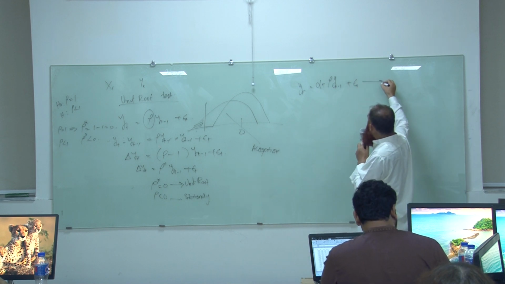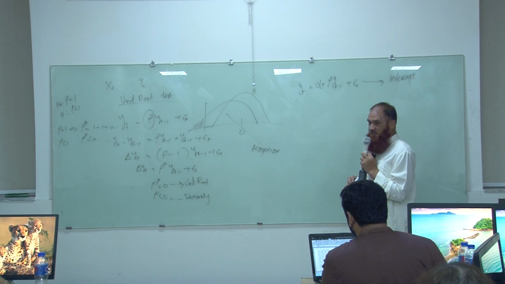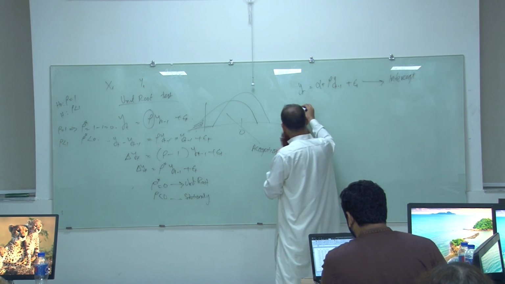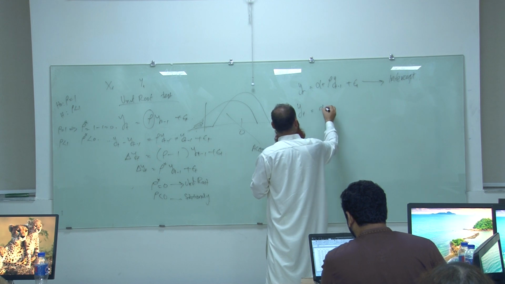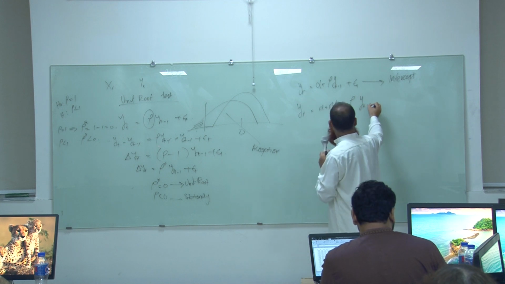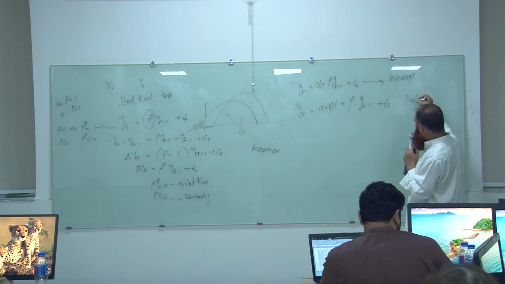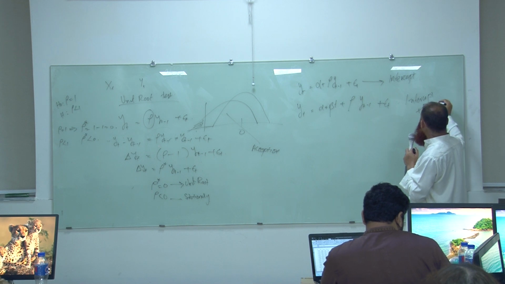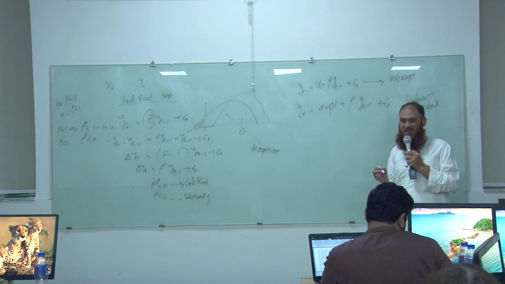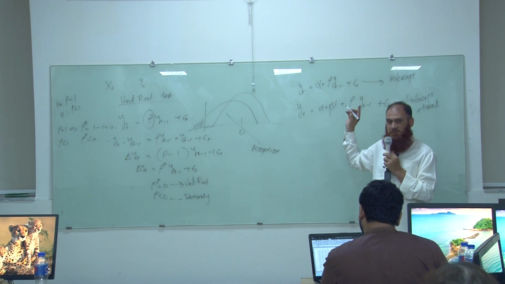This is called, you have intercept here. And you may have a third format, yt is equal to alpha plus beta t plus rho yt minus 1 plus epsilon t. This is your intercept plus trend. And in all these cases, the stationarity is depending on rho.